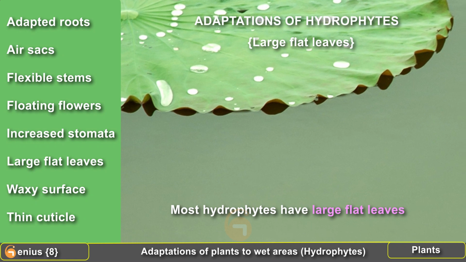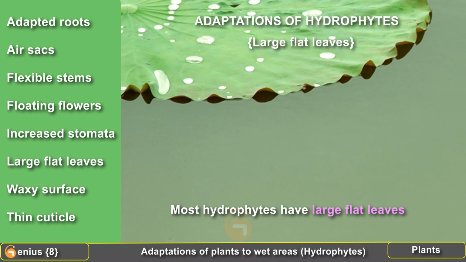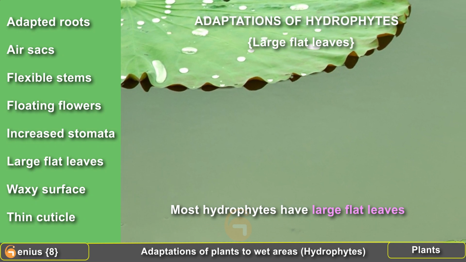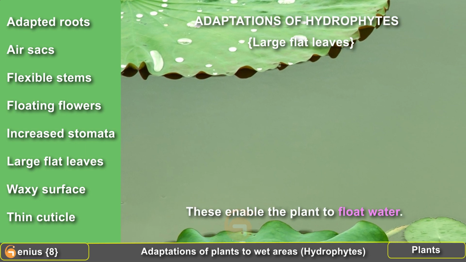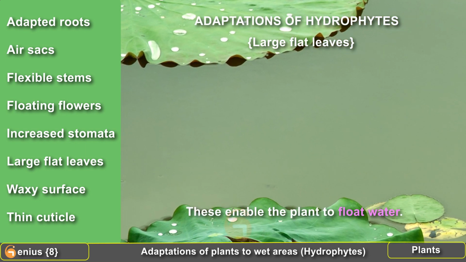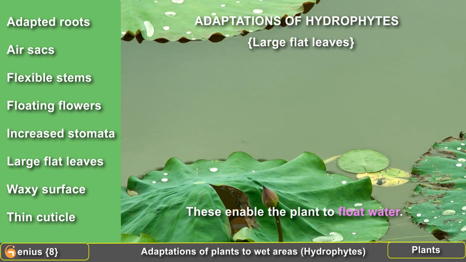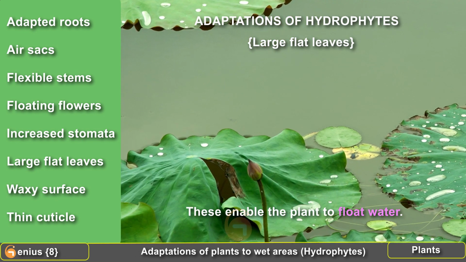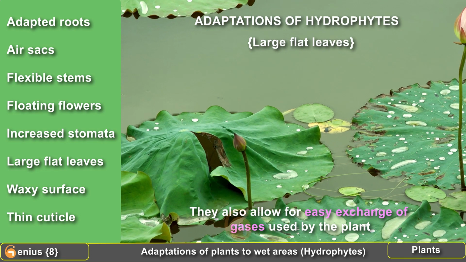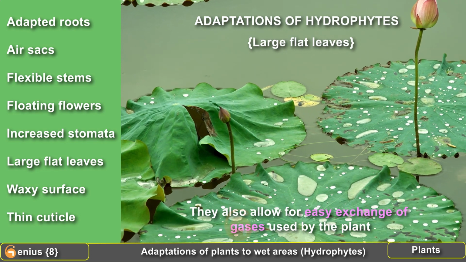Large flat leaves. Most hydrophytes have large flat leaves. These enable the plant to float in water. They also allow for easy exchange of gases used by the plant.